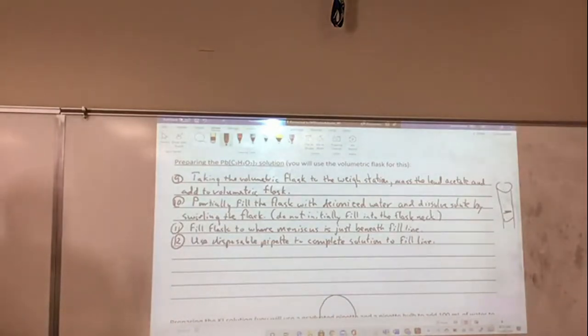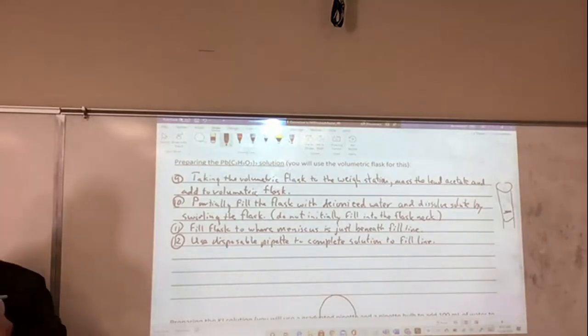Yeah, Brooklyn. Did you say like hold it at eye level with like red line? Yes, okay. If you want to add that detail in there.